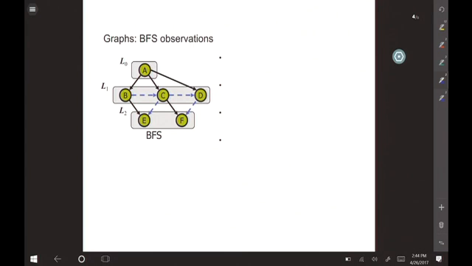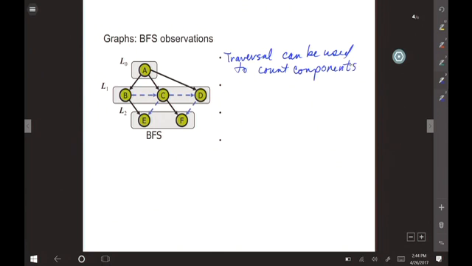So the traversal can be used to count components is one thing. And so what's the running time of the best algorithm you know of to count components? It's big O of M plus N, right? It's exactly the same algorithm.